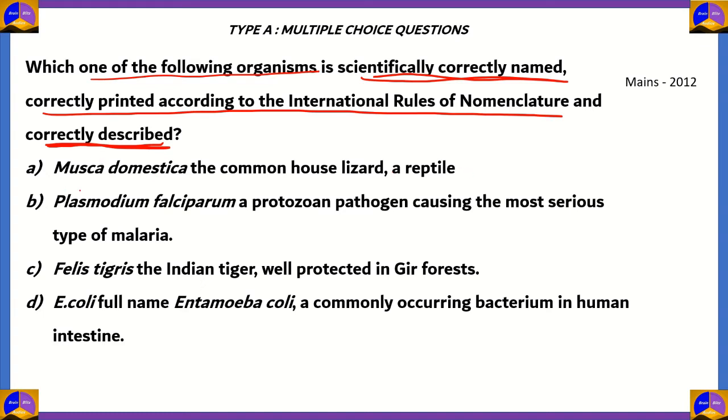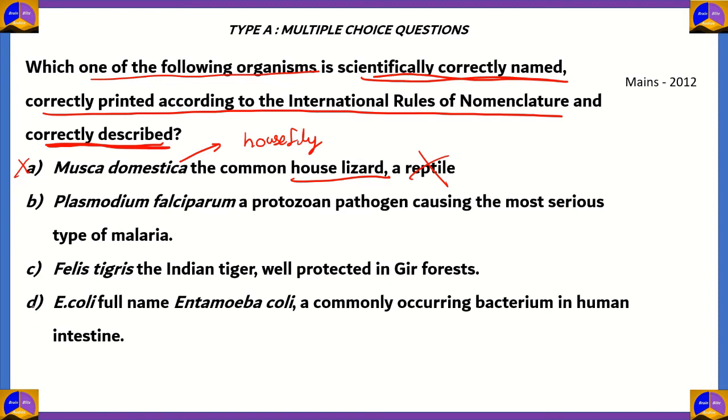So, if you look at the name, Musca domestica, it's correctly printed, but you can see that it's written the common house lizard. Now, this option is incorrect because Musca domestica is the scientific name of the housefly and not the lizard. So it's not a reptile as well. It's an insect. So option A is incorrect.